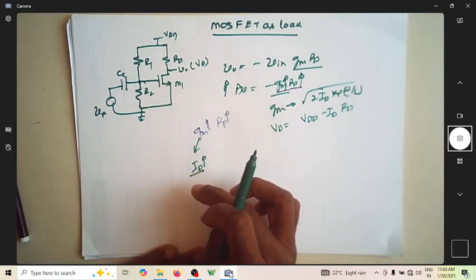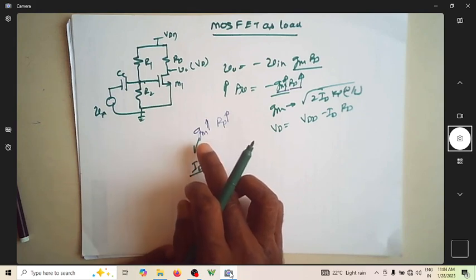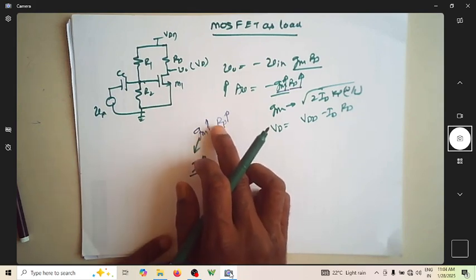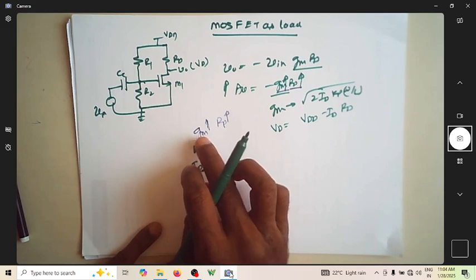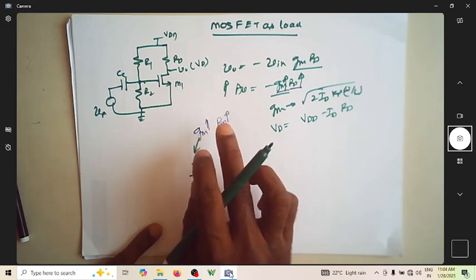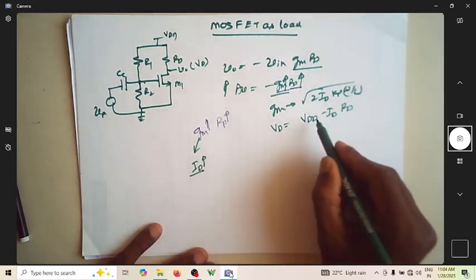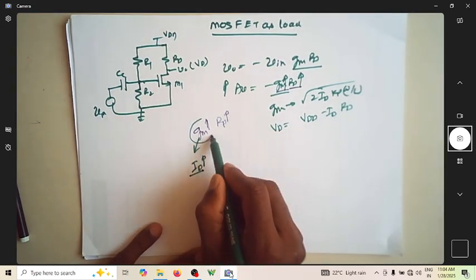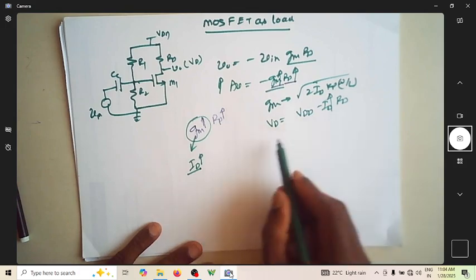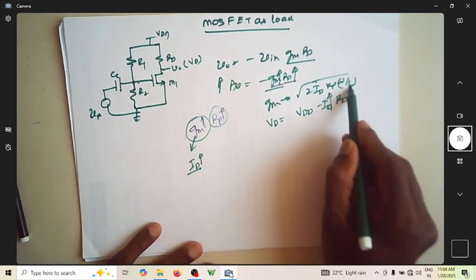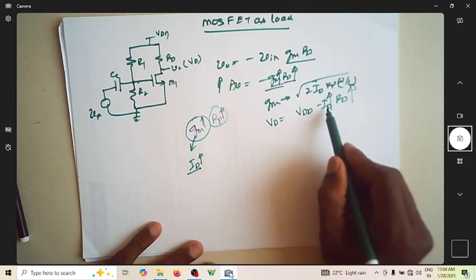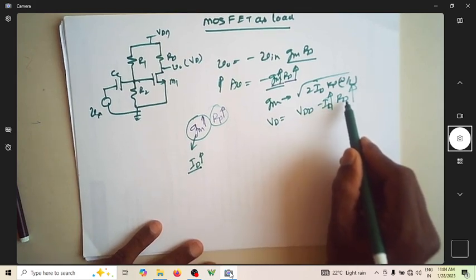But let us not only have a look at the increase of gm or RD. Let us see the impact of that increase in gm or RD on the VD value. If you increase gm, the ID will increase. If you increase RD, this RD will increase. So either this will increase or this will increase.